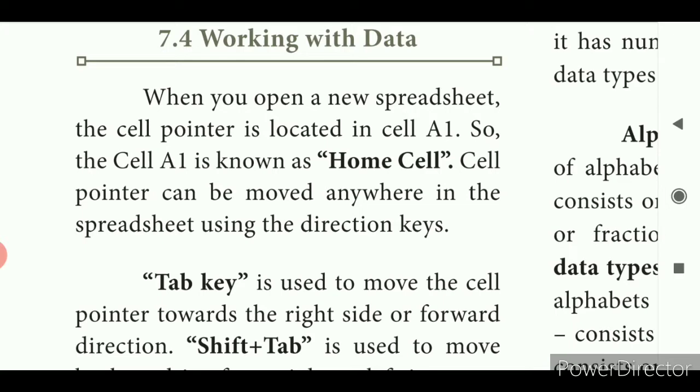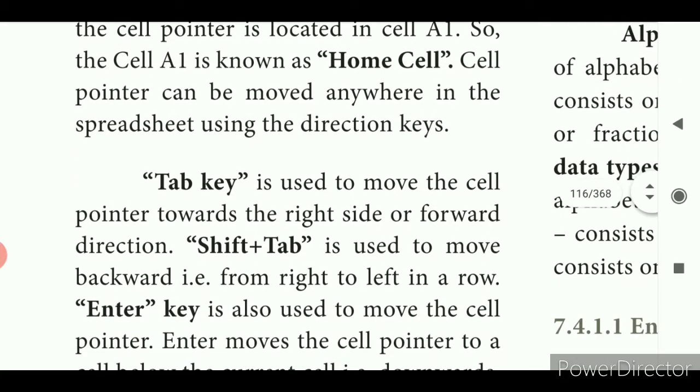But if you want to move backward, you have to press shift plus tab. If you are in cell A4 and press shift plus tab, it moves backward to A3, A2 and A1, from right to left in the row.